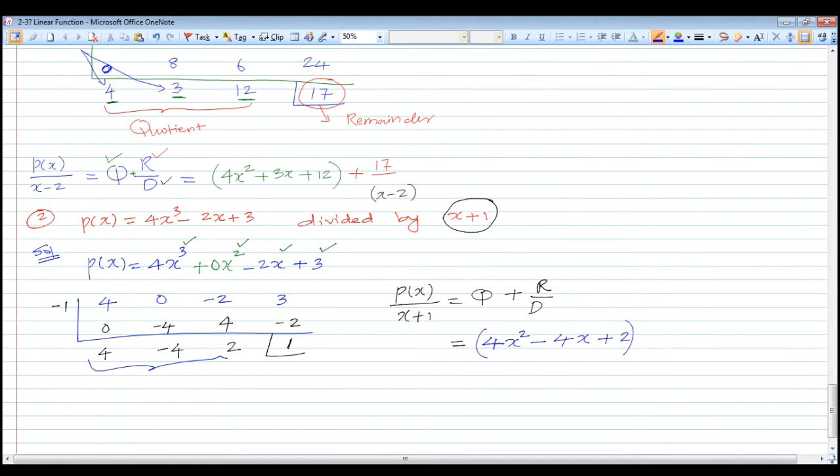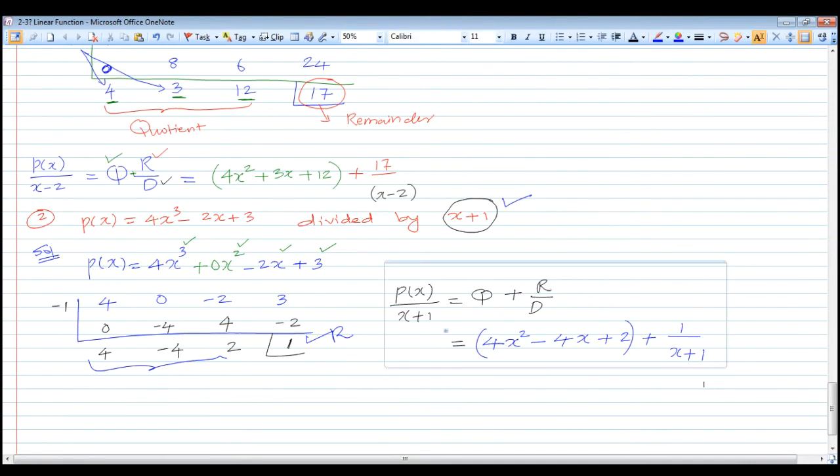So this is my quotient. Plus the remainder, which is 1, over the divisor, x plus 1. So this is the synthetic division. Now we are going to see the next one.